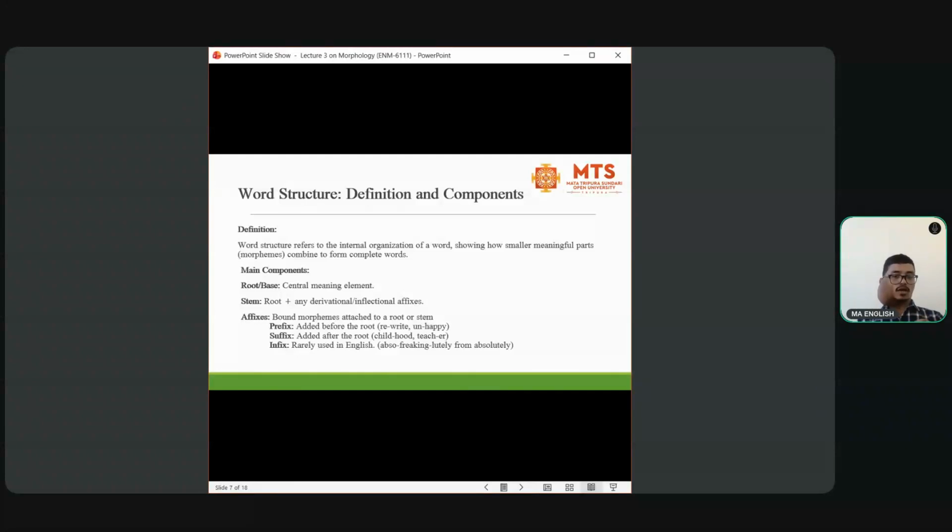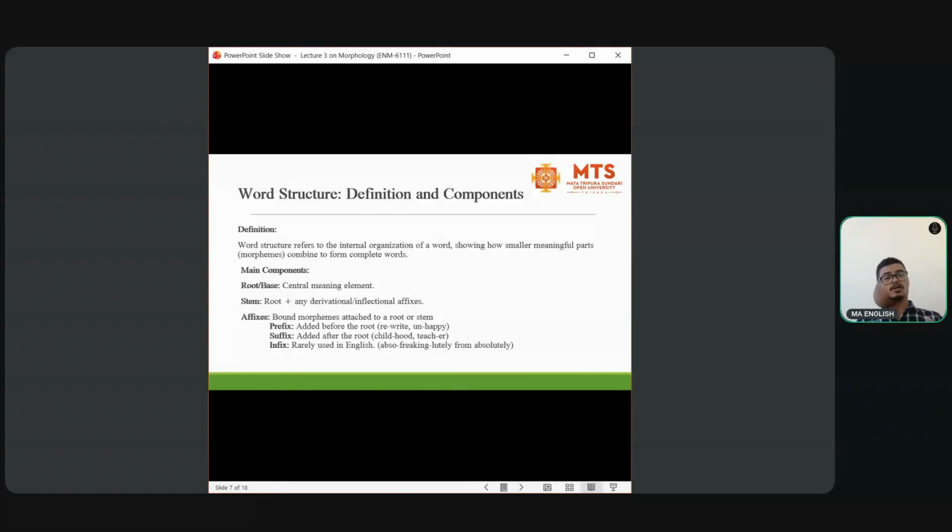See how another word is inserted inside a word, right? Abso-freaking-lutely. So this infix is actually quite rarely used in English, but prefix and suffix are quite productive.